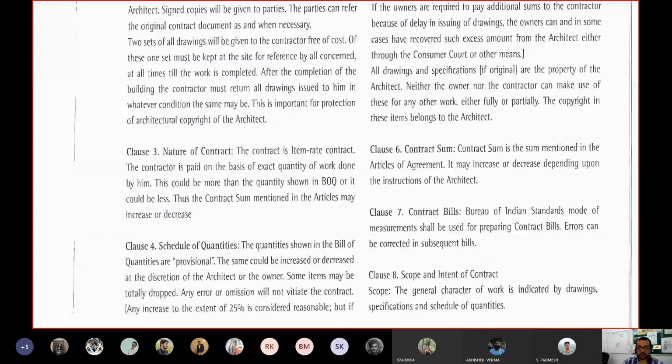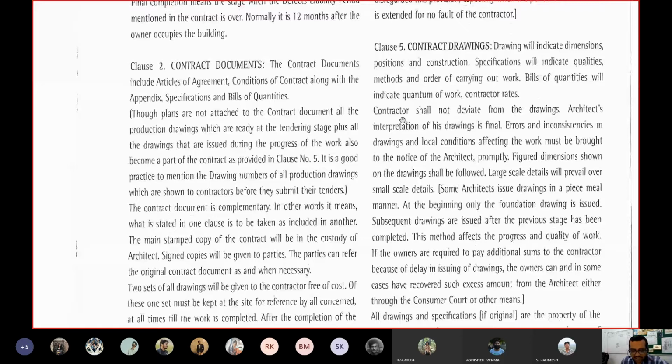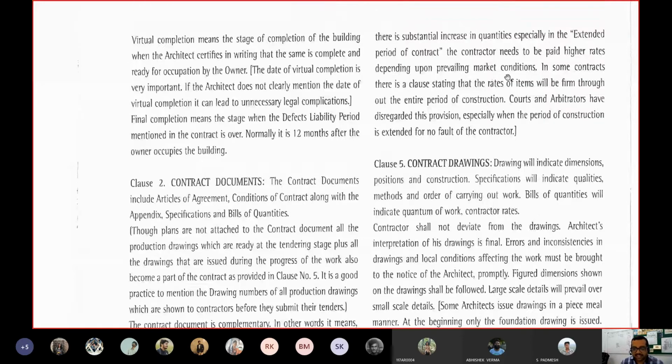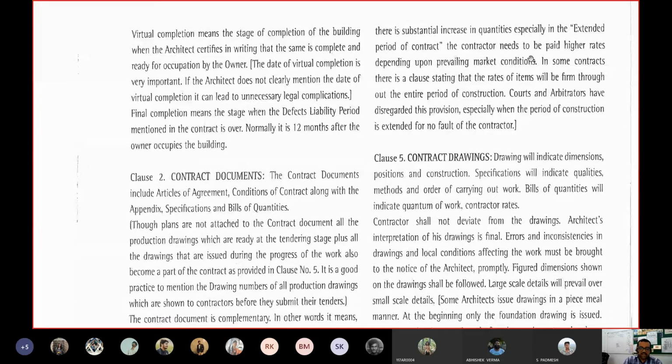Next is clause 5 on the right hand side, the contract drawings. In this, your rough architectural design is of no good. Here you need drawings with proper specification, indication of dimensions, datum, and position with respect to a datum line.